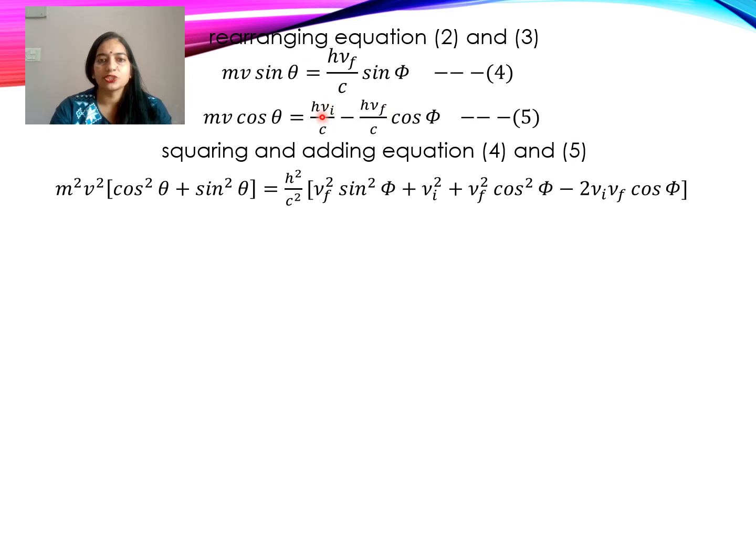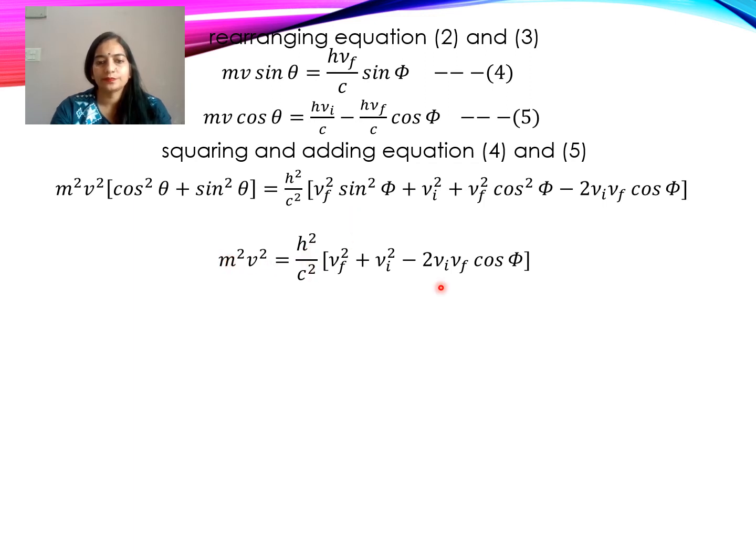This equation becomes h square nu I square upon c square plus h square nu f square upon c square cos square phi minus 2 h square nu I nu f upon c square cos phi. So take h square upon c square common. This term remains inside the bracket. From here, this term becomes 1. So m square v square equals h square upon c square.